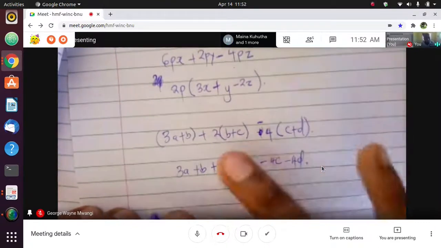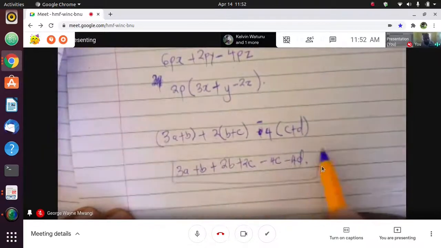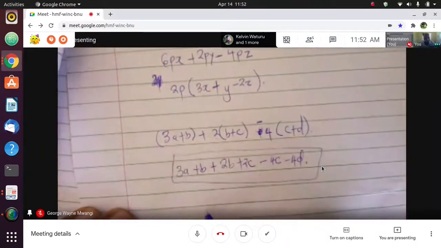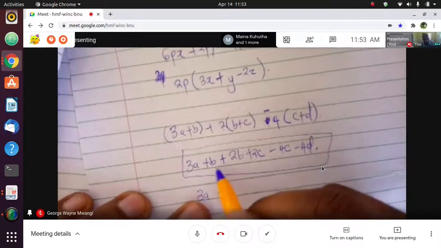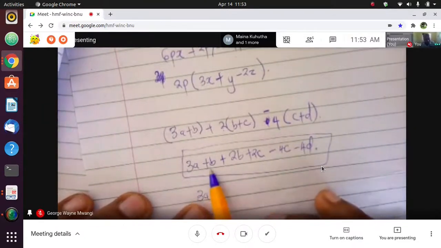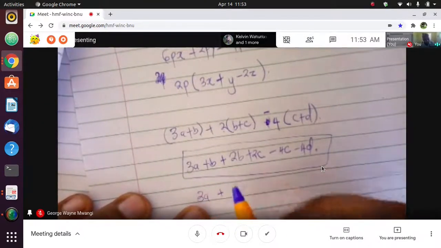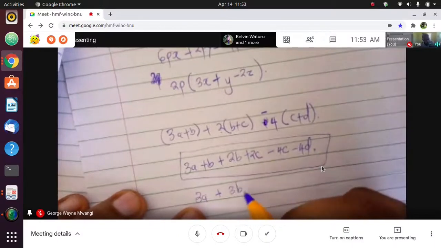So at this point we have an expression that contains 4 unknowns, a, b, c, and d. So what we will do is we will collect the like terms, those unknowns that are similar. The unknowns that are similar, b. So we have b and we have 2b. So we add them and we get 3b.